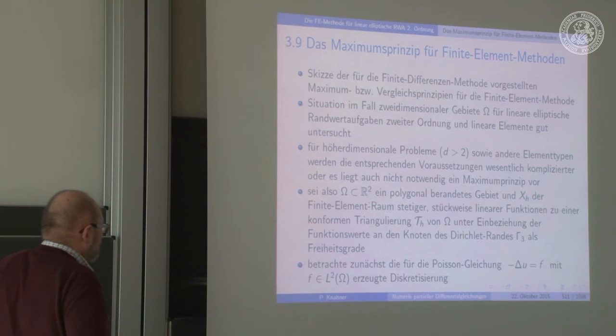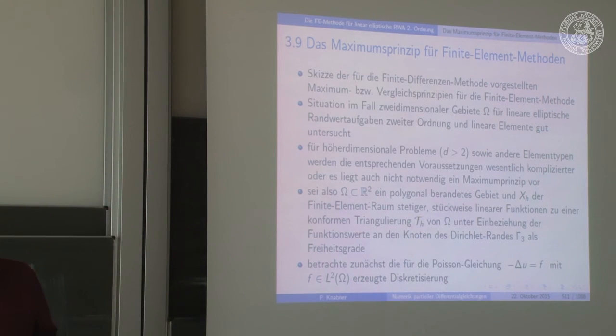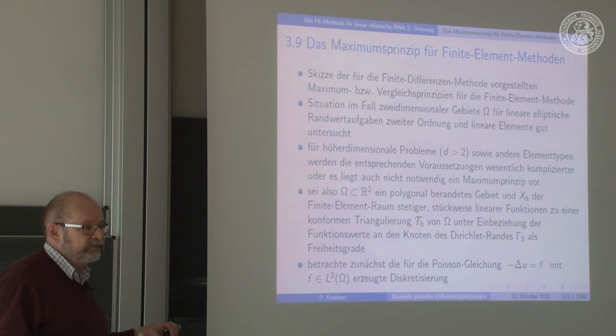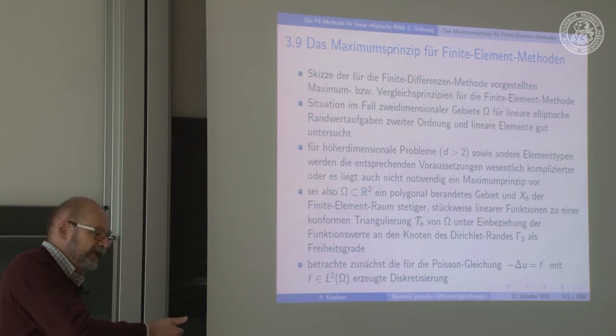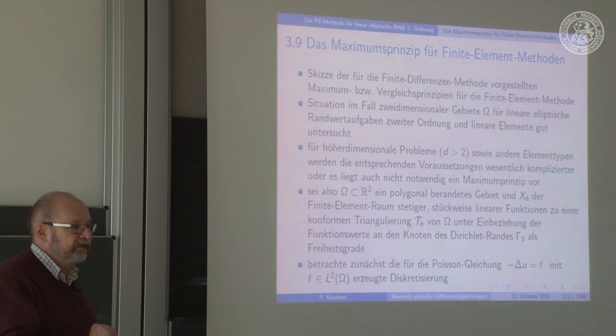Now you can ask yourself, what is the difference to what we did till now? This is what we already did in the finite difference method, but in the language of the finite element method, we did it only for the Friedrichs-Keller triangulation.